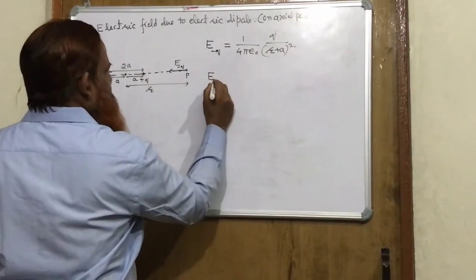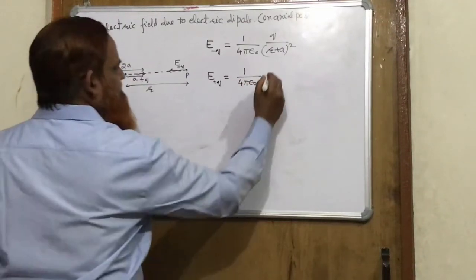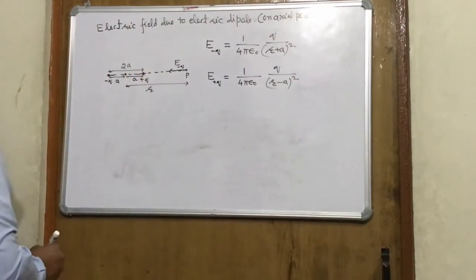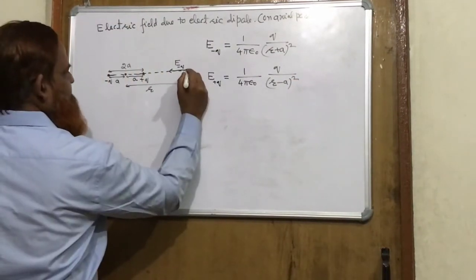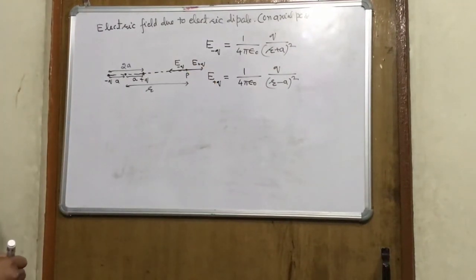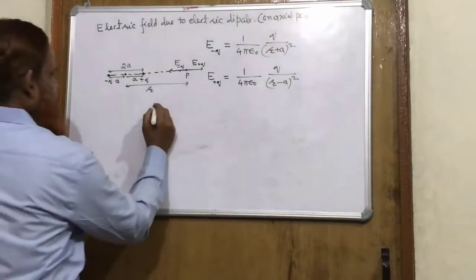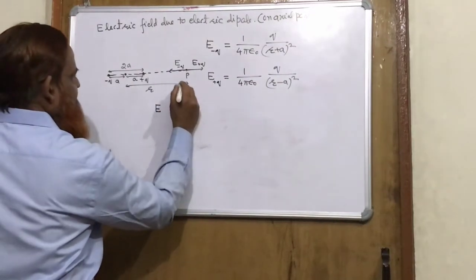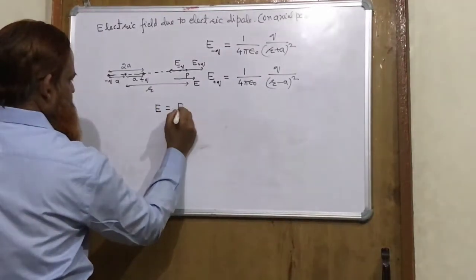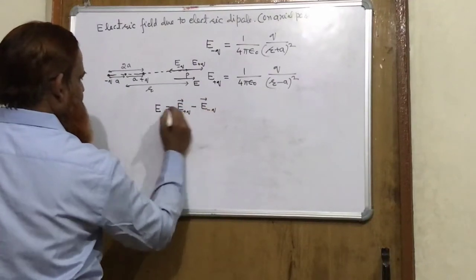Now we find the electric field due to the plus q charge. It will be 1 upon 4 pi epsilon naught q upon (r minus a) whole square. The direction is away from the positive charge, so it is this. So the magnitude of E plus q is more than E minus q. So the direction of the net electric field will be this. It will be E plus q minus E minus q, because they are anti-parallel.